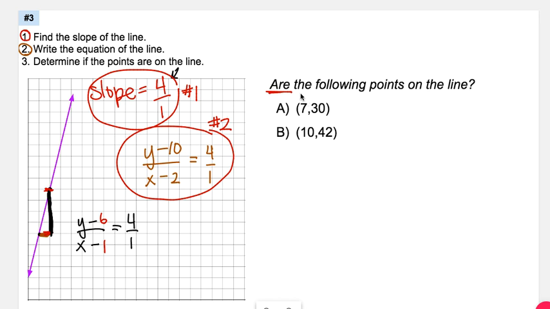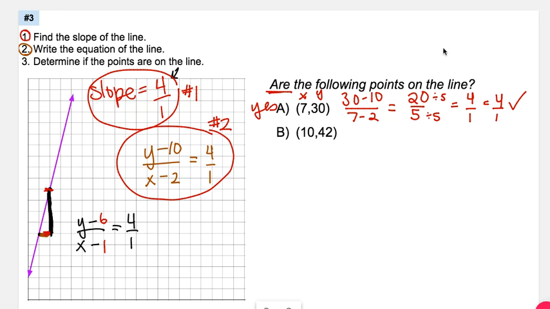Using the equation, we're going to substitute the x and the y. 30 minus 10 over 7 minus 2. I get 20 over 5, which simplifies down to 4 over 1. That equals my slope. So this is a yes. Let's look at B.